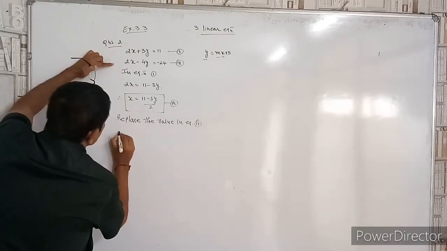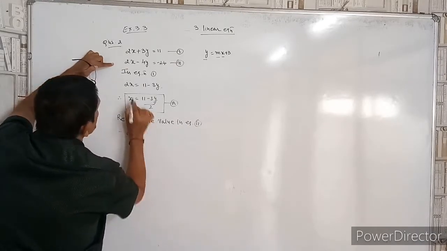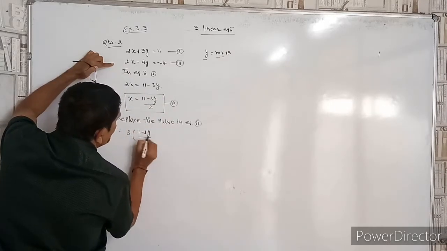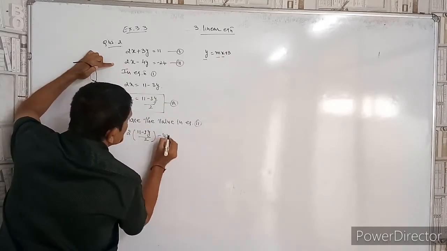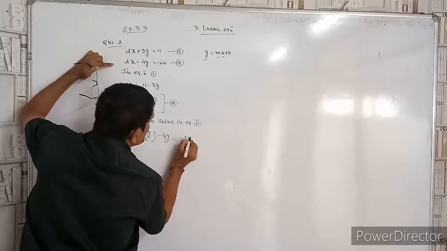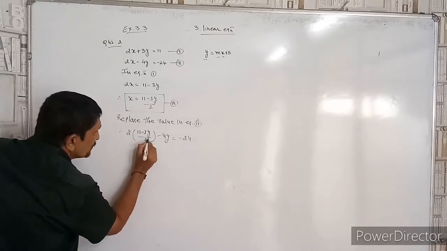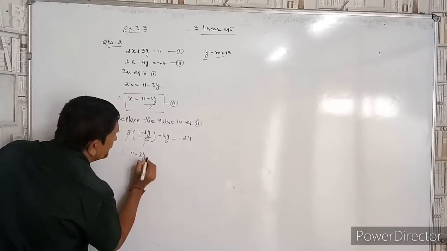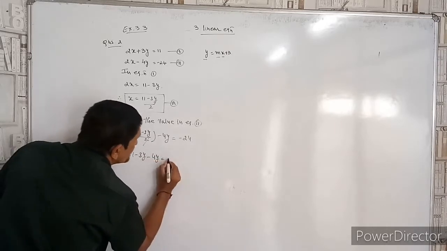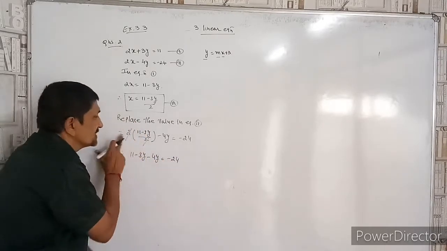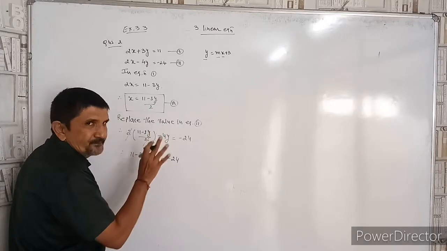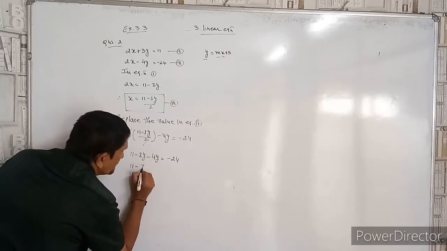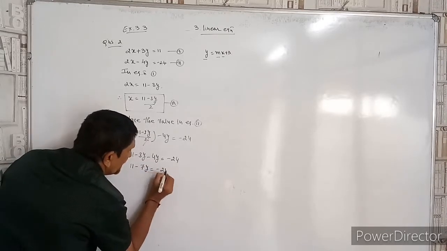So equation 2 is: in place of x we write (11 minus 3y) upon 2, minus 4y is equal to minus 24. So this 2 cancels. Therefore 11 minus 3y minus 4y is equal to minus 24. If this is not cancelled, then we have to take LCM.